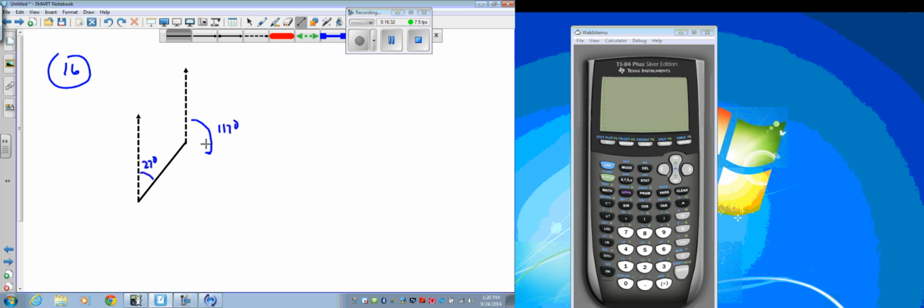And to make this 90 be straight out here, I drop down 17 degrees and then try to get some perspective to it. Now it says this is 55 kilometers and this is 140 kilometers. And they want to know the distance from the starting point.